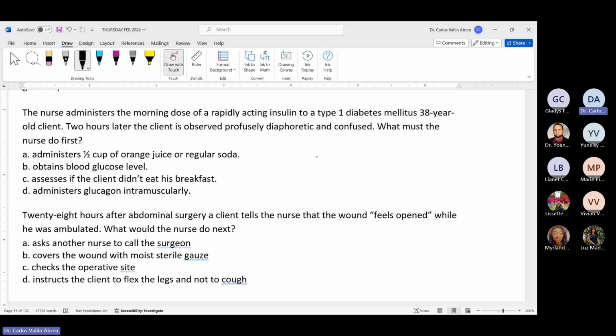So the chest pain that makes everybody think of myocardial infarction could not be present in diabetic clients. Nevertheless, as a manifestation of the myocardial infarction, especially in older people, there is a lot of sweating, there is a profuse diaphoresis and altered mental status. And it can be confused. The symptoms can be similar.